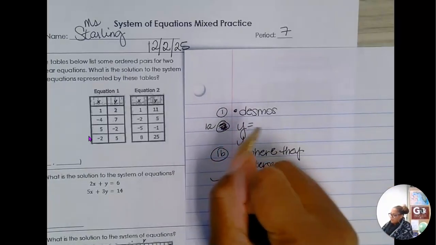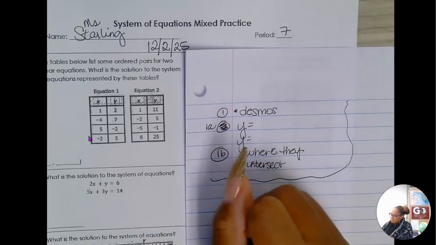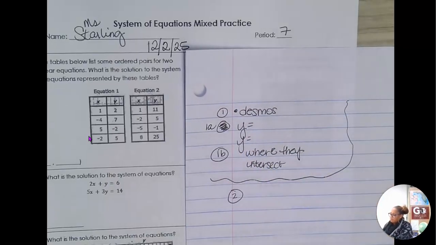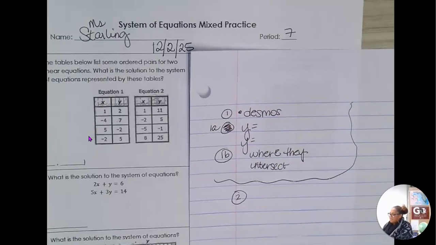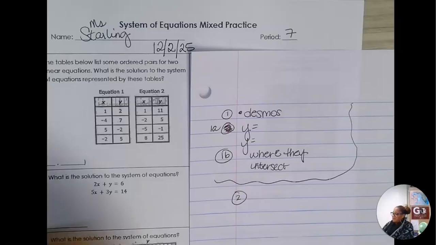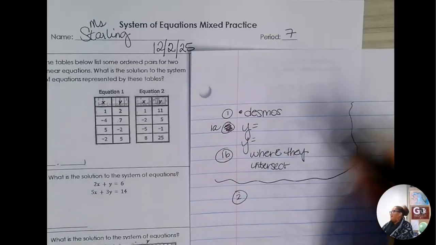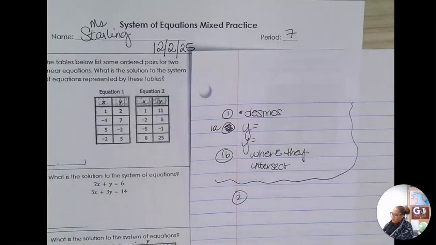Number 1's answer also is visibly written in the table. You really don't even have to do this, FYI. I'll let you pick up on that.